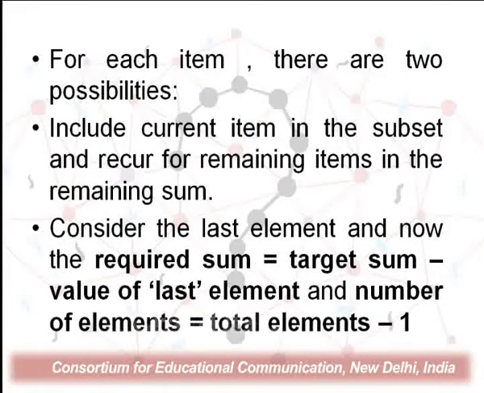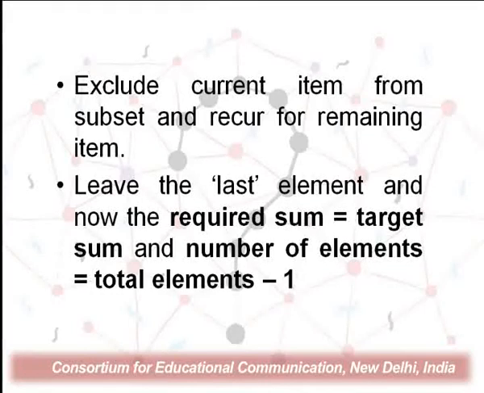Now coming to the next possibility, where we exclude that item from the subset. This case is analogous to the case when the item has not been kept into the knapsack.